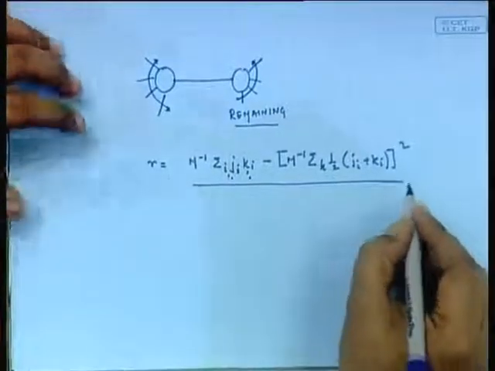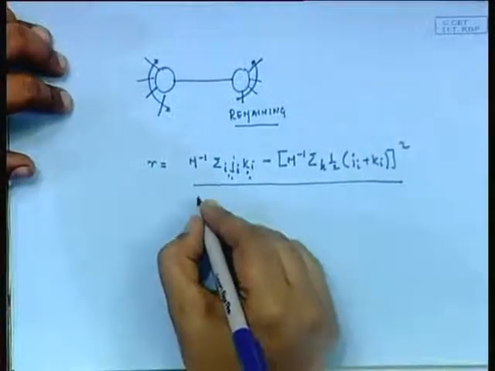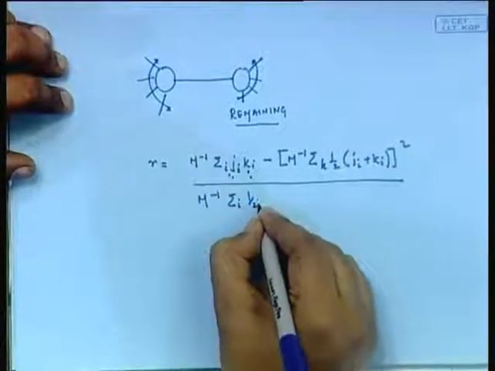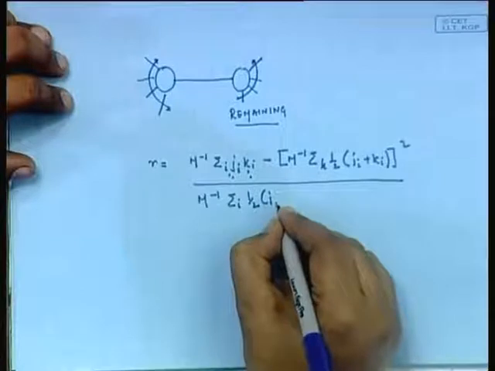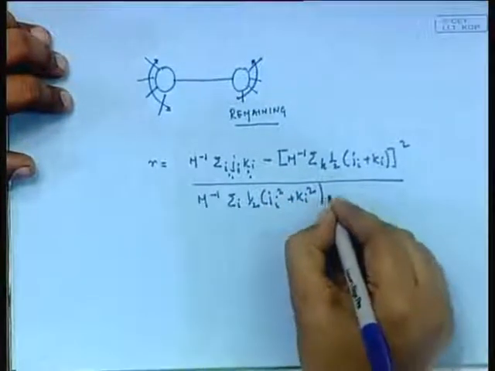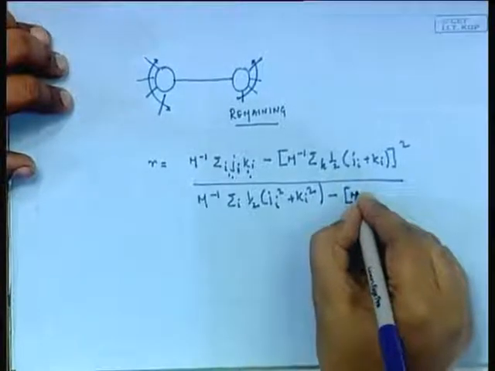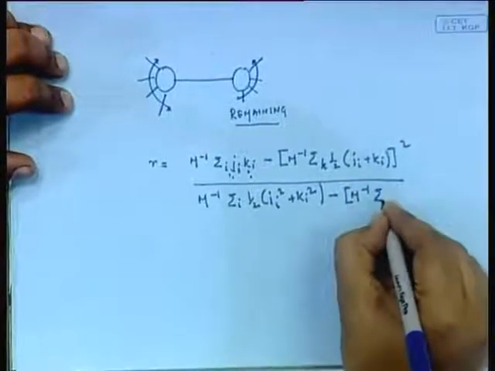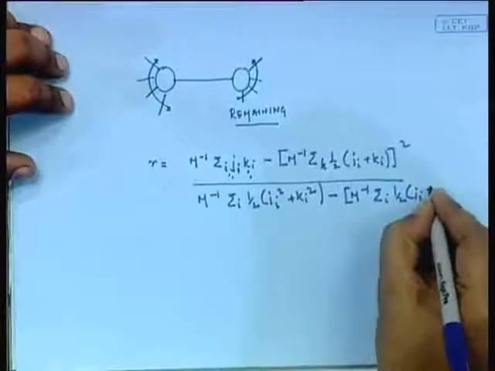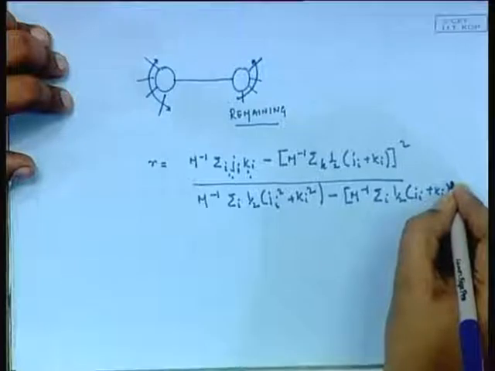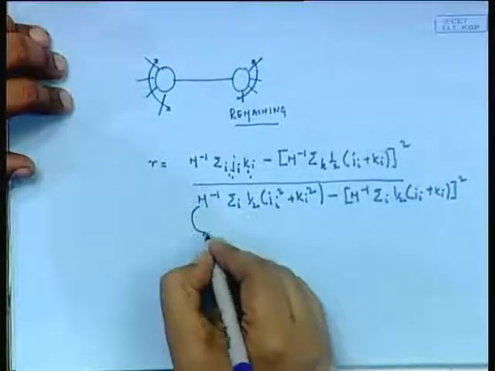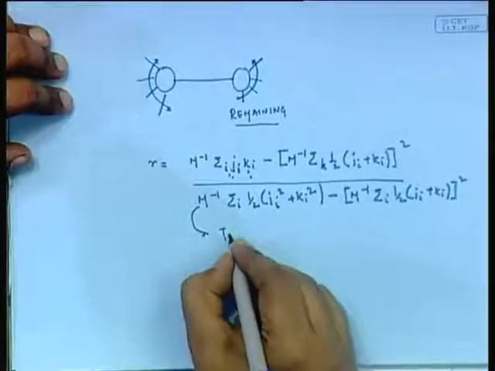So, the more disassortative it will be, the more it will differ from its mean. It is just similarly, where m is actually the total number of edges.